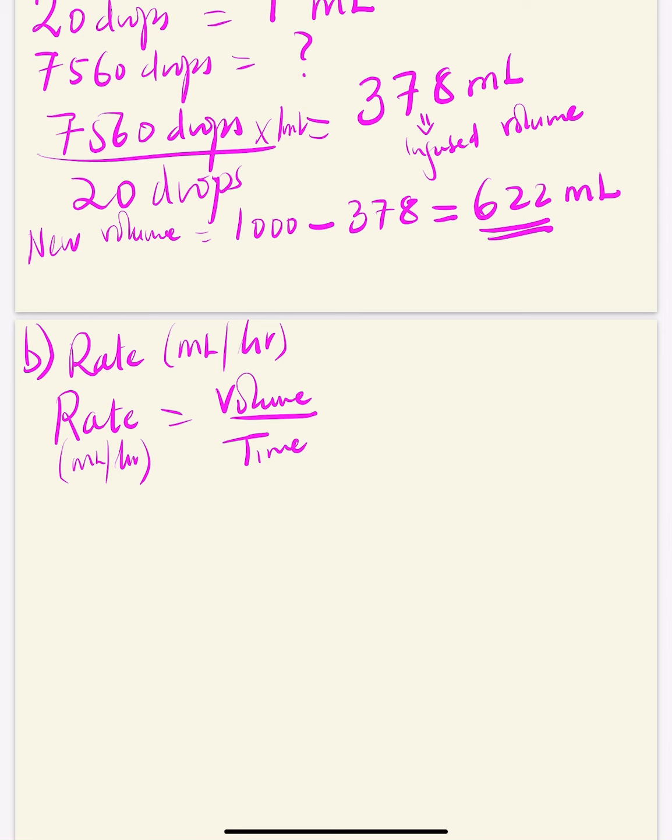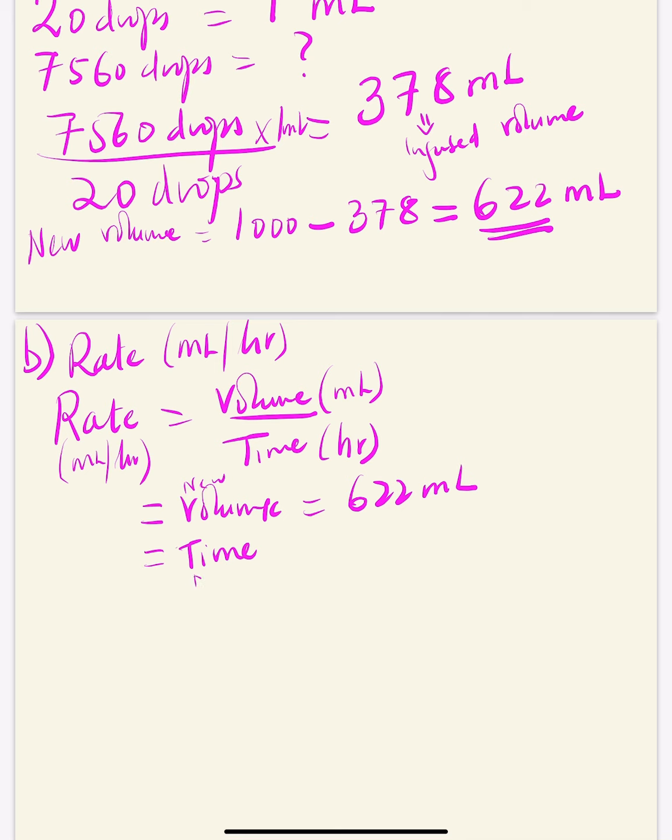Remember, volume is in milliliters and time is in hours. Have I got my volume? The new volume is 622 milliliters. And what about the time? Because here we're working with the new volume, we also need the new time.